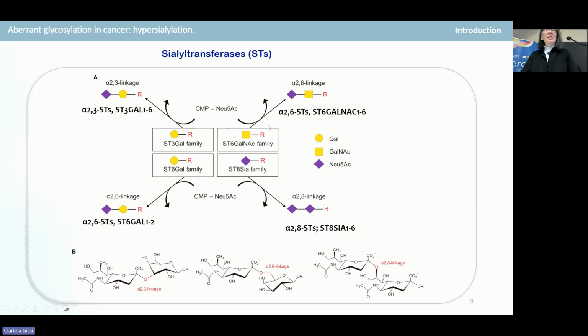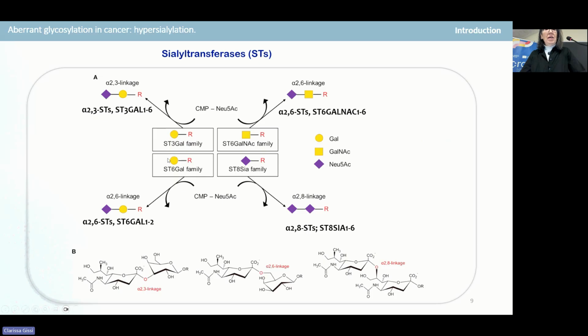There are several sialyltransferases that are classified according to the linkage of sialic acid with galactoses or other monosaccharides. There is the alpha 2,3 sialyltransferases family that transfers sialic acid to a galactose, forming this alpha 2,3 linkage, and there are 6 members.